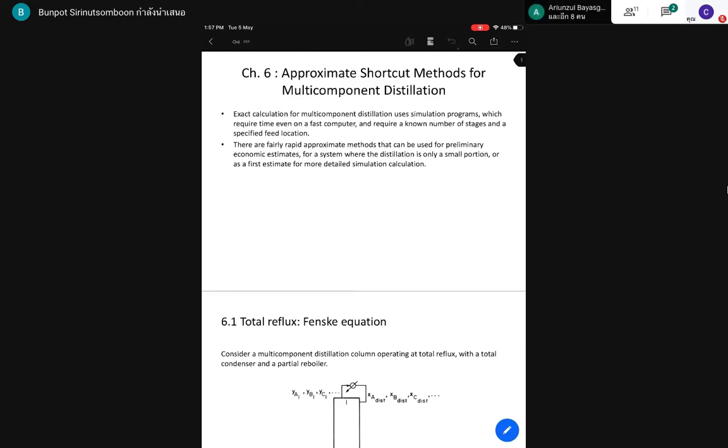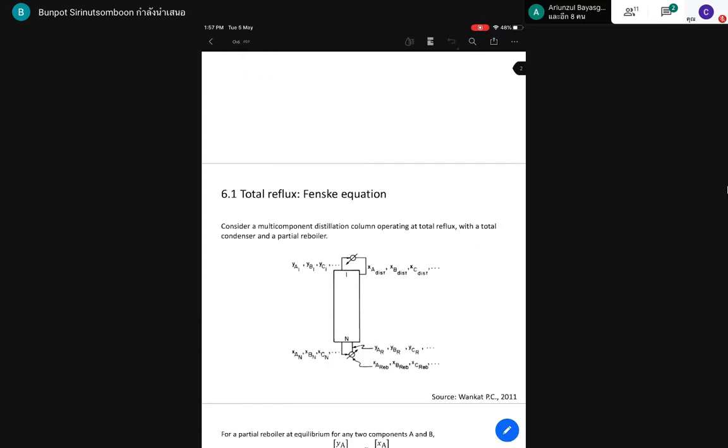So the first one would be we use the Fenske equation with the system when you have total reflux. Okay, so for the total reflux system, it means that there is no distillate coming out. There's no bottom coming out.